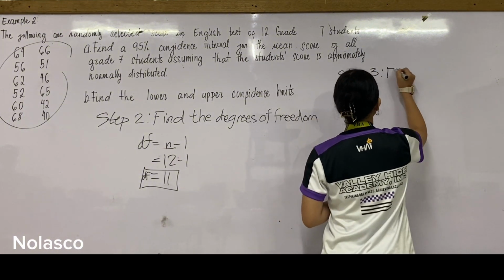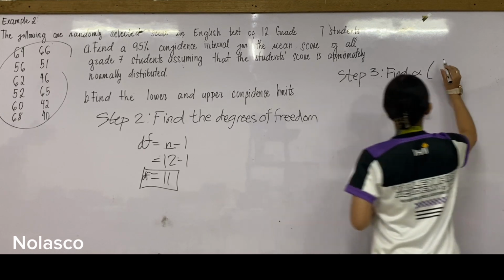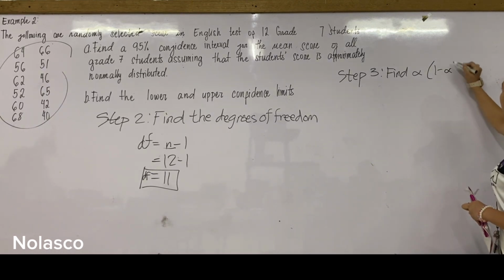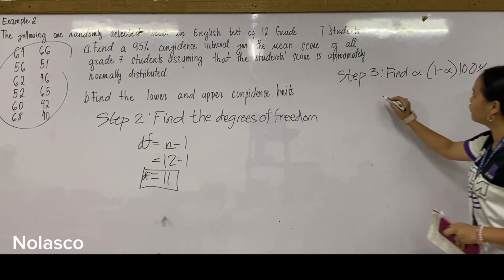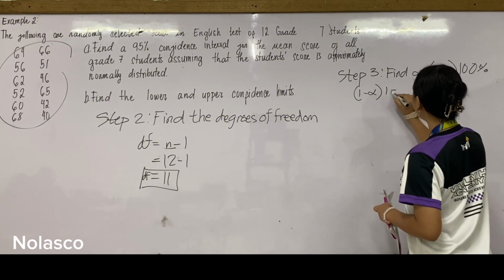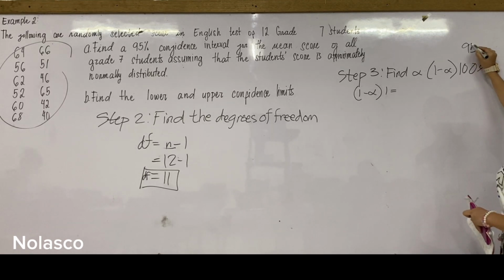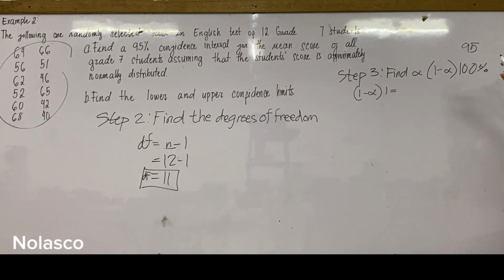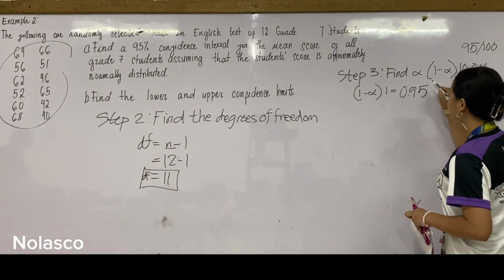we need to find the alpha. So 1 minus alpha equals the confidence level over 100%. Our confidence interval is 95%, so 95 divided by 100 is 0.95.